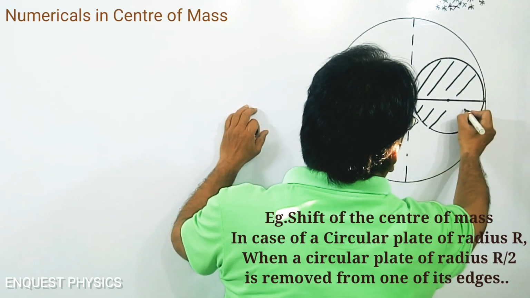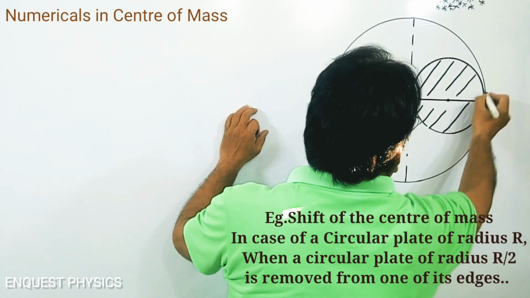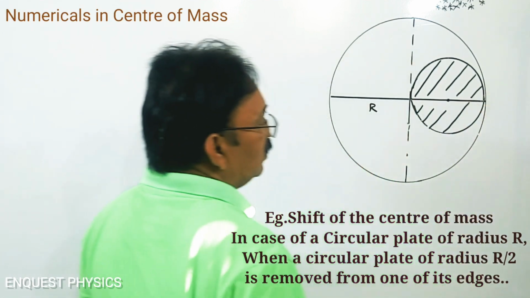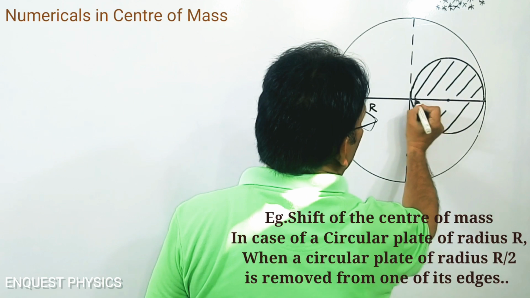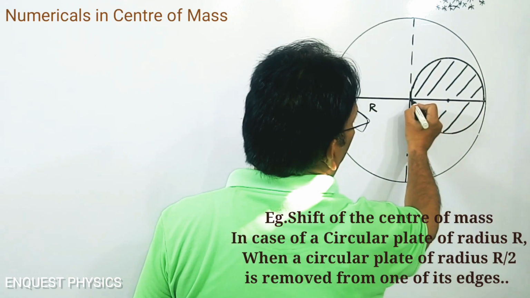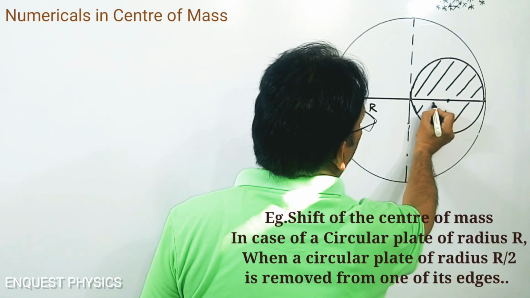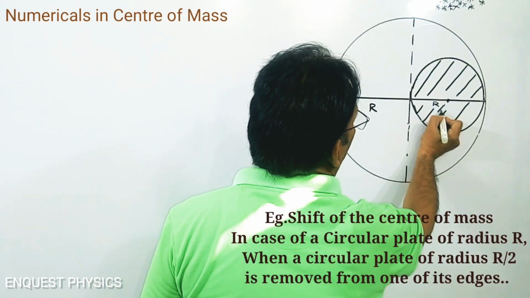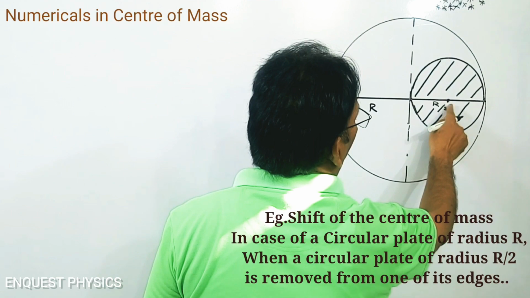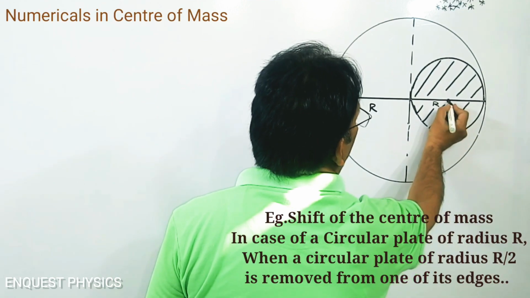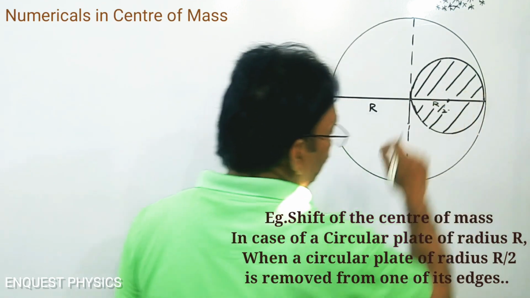And this is the radius of the removed part. It means this distance is half of the radius of the circular plate.